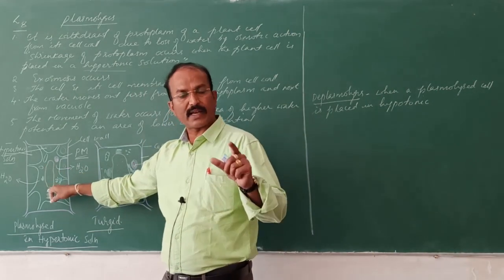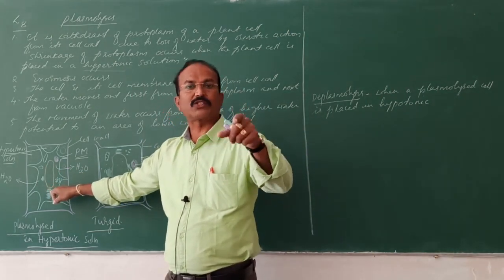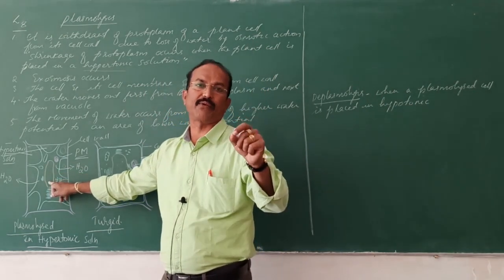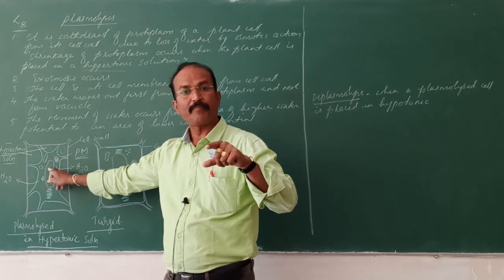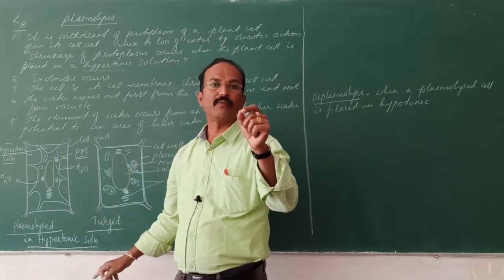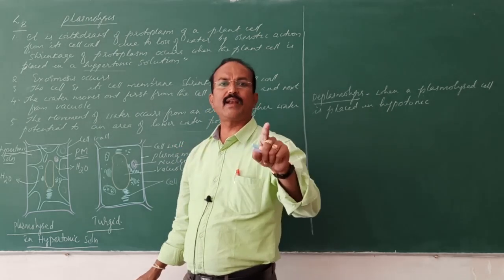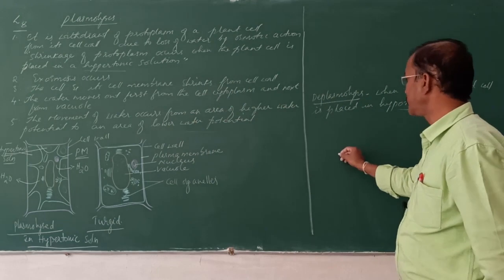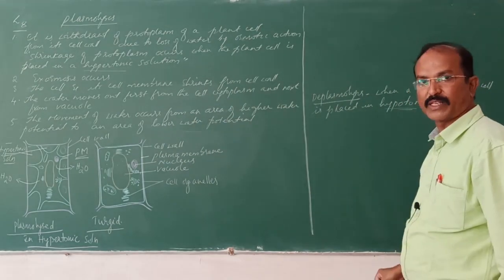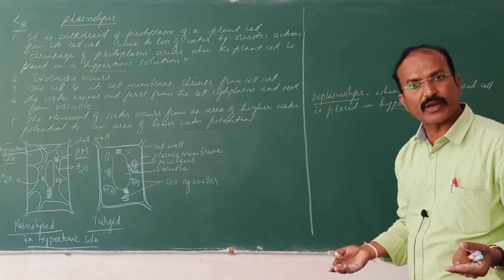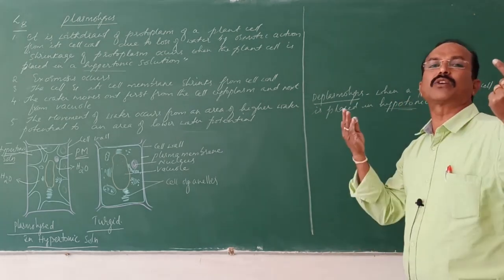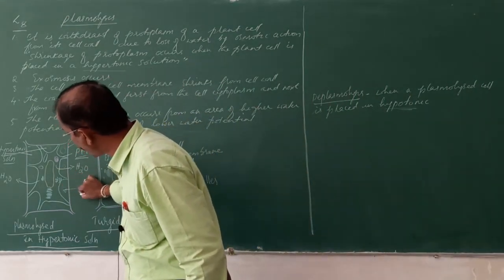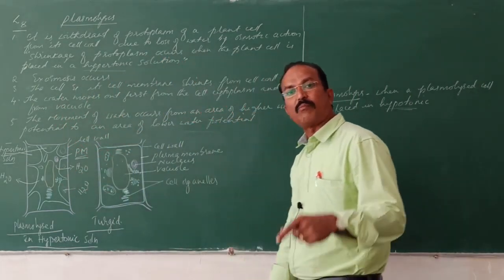Now in the shrunken cell, the water is very less and the solute concentration is high, so the osmotic potential of this cell is more negative, and the water potential is very less within this cell. In hypotonic solution, that is pure water or where solutes are very less and water concentration is more, the water enters into the cell. So water moves into the cell from outside.